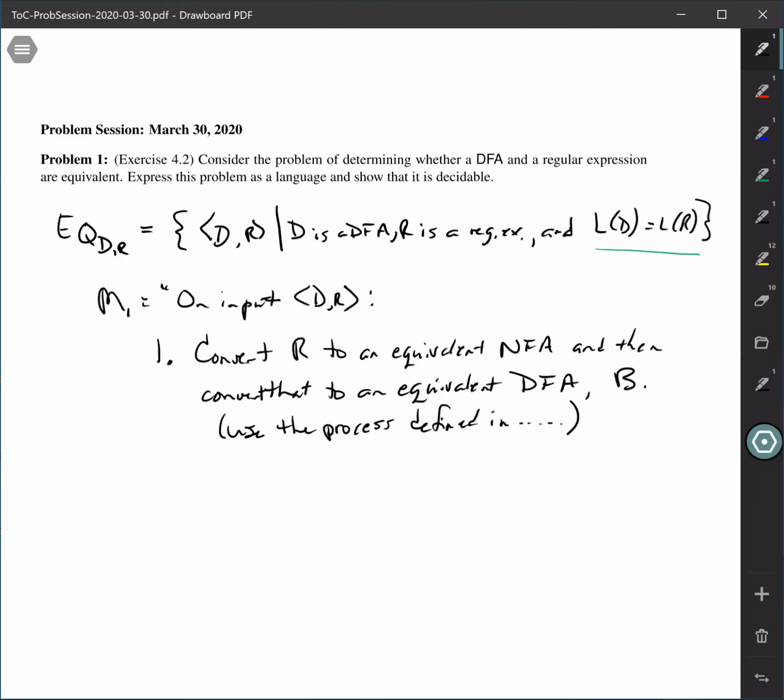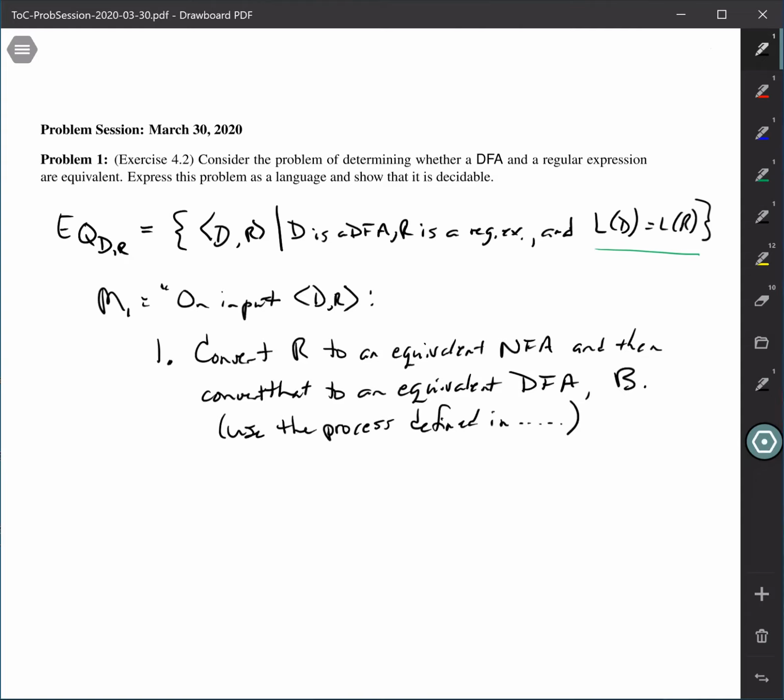So if you're writing this up and it's a written assignment problem or something that you're writing to show to somebody else for documentation, you really should refer to something specific as to how you do this conversion, right? So I think everybody remembers doing this because you did it on homeworks, you did it on the first exam.